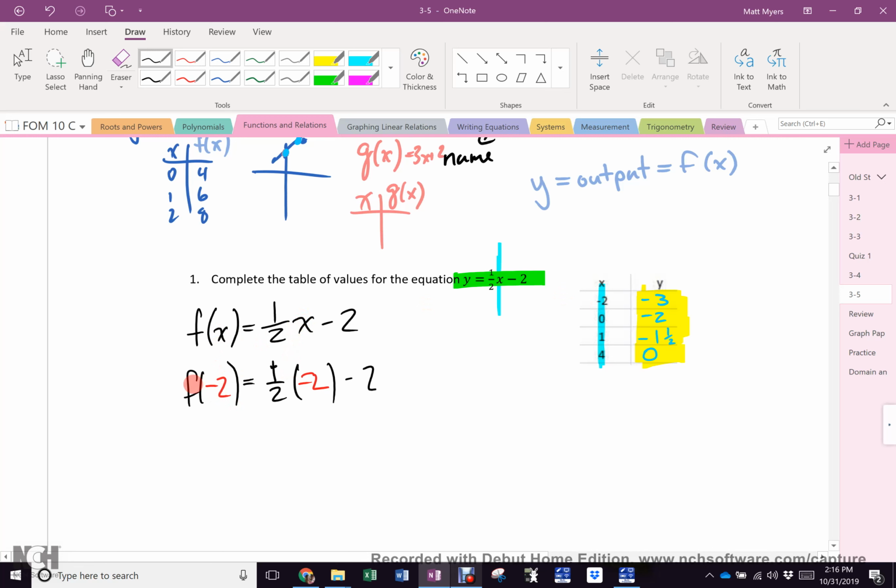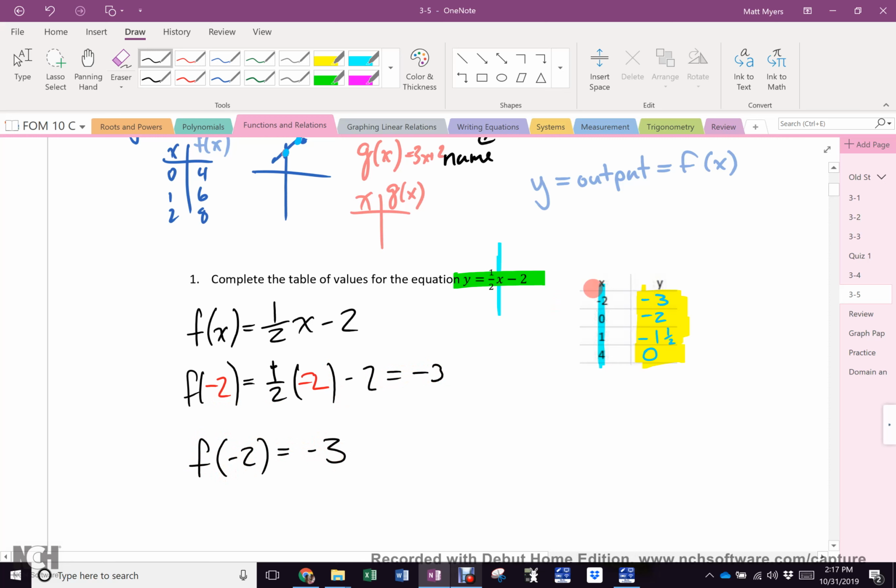Negative 2. Our input, our function of negative 2, because negative 2 is what we input, will result in what output? Negative 3, right? So the f of negative 2 is negative 3, right?